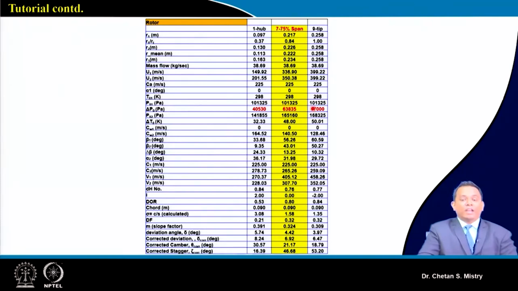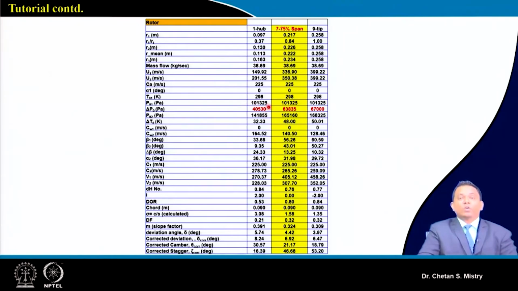You can divide from hub to mid span into some number of stations, and in the same way from 75% span to tip into some number of stations, and based on your design program you can do all your calculations. But in this case we need to assume this delta P0.